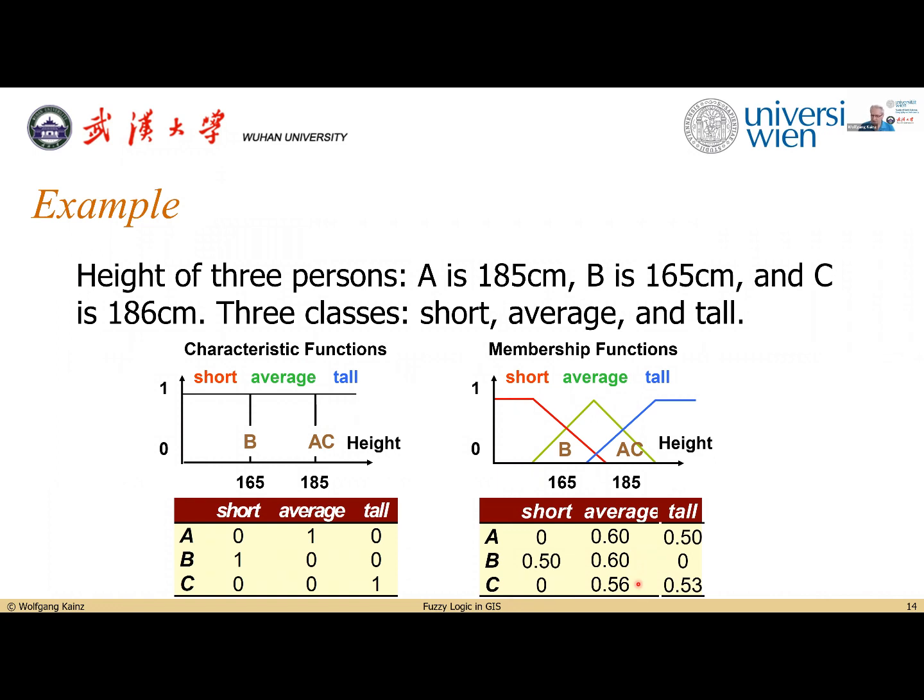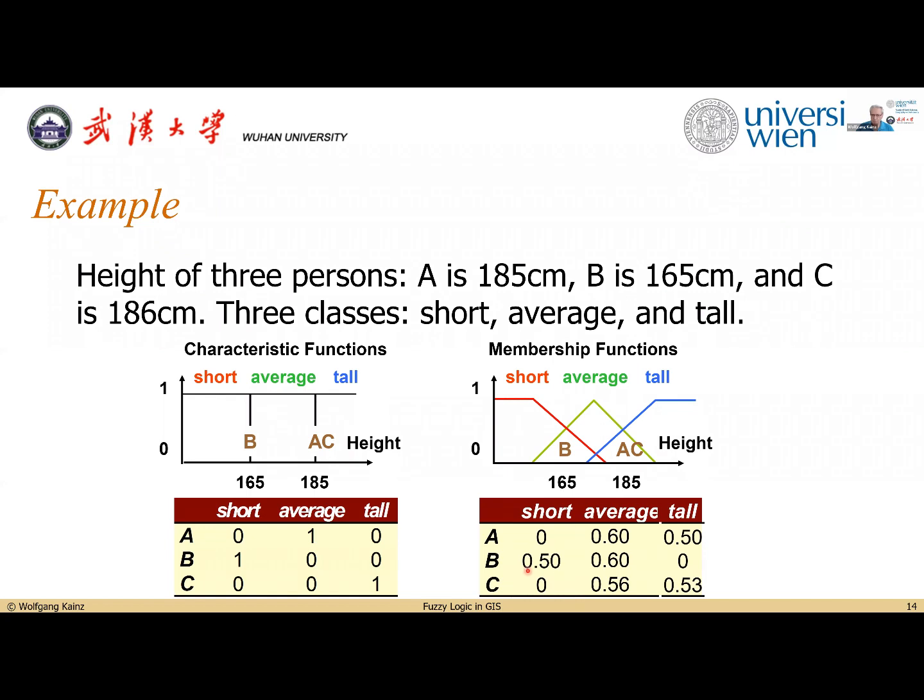So what you can see from this table is that every person here has a degree of membership to each of these classes. Of course, there are some classes where the person has a degree of membership of 0, meaning it definitely does not belong to that class. But there are 2 other classes where there are varying degrees of membership. So, for example, person A is rather average than tall, because 0.6 is a higher value than 0.5.